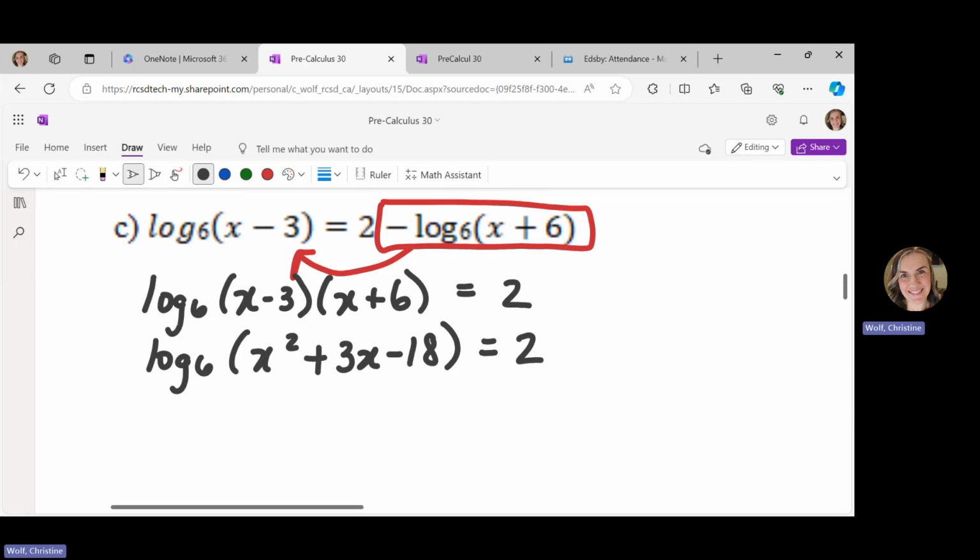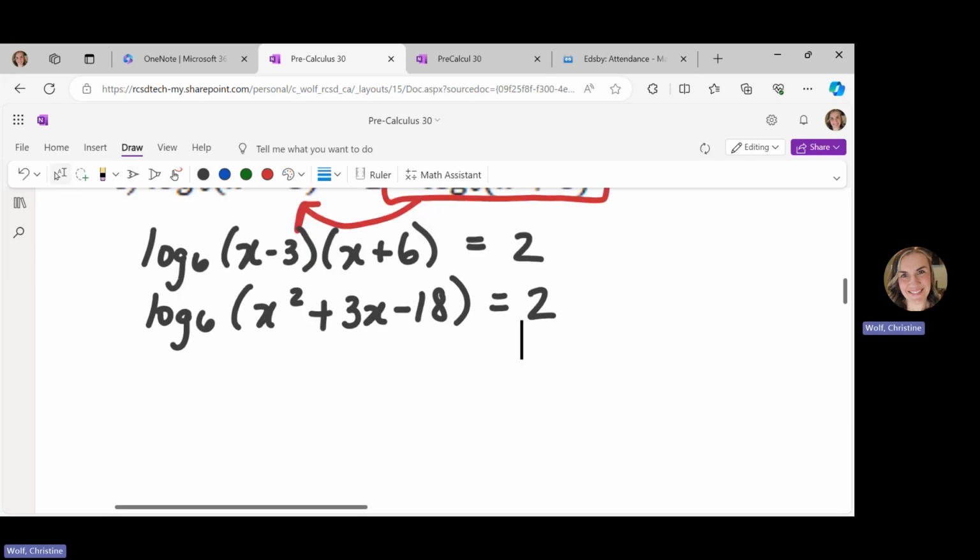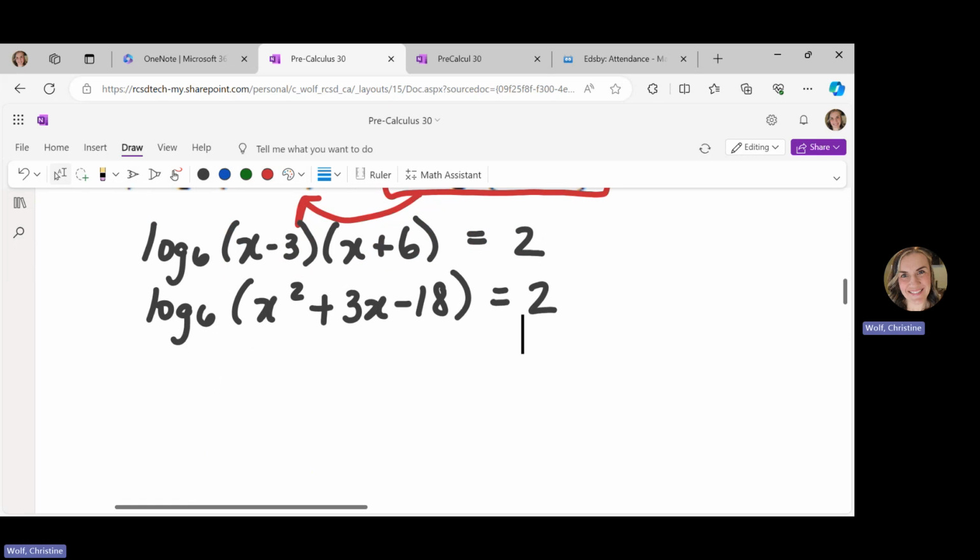Okay, so now that you've gotten it to this step here, you have a nice simplified log expression to which I give you the answer. Whenever I give you the answer, that is actually the exponent that goes on the base of the log. So I can rewrite this as 6 is my big old base.